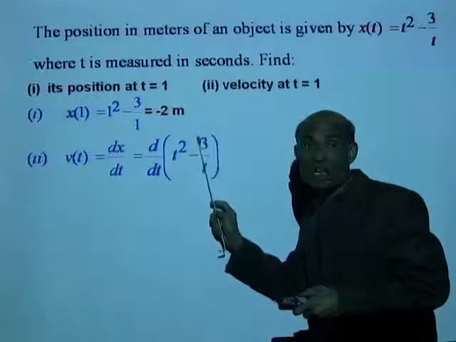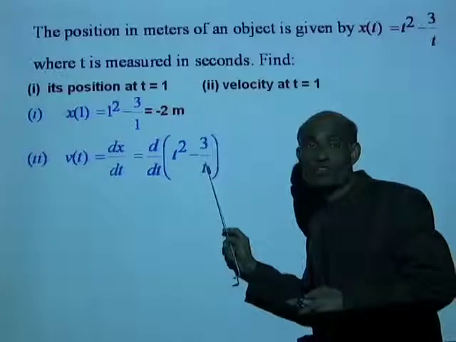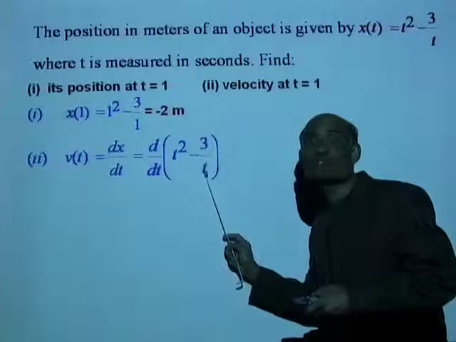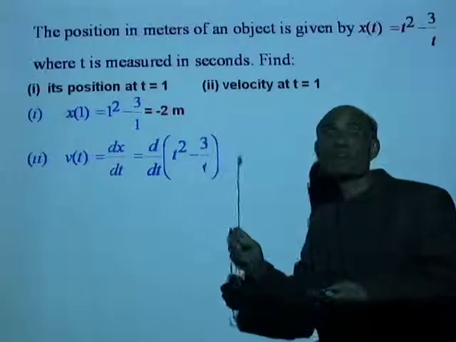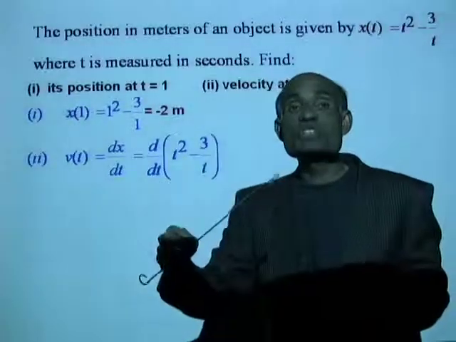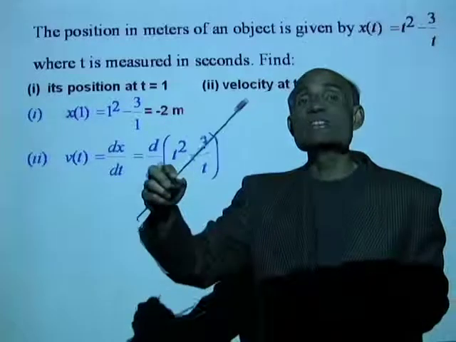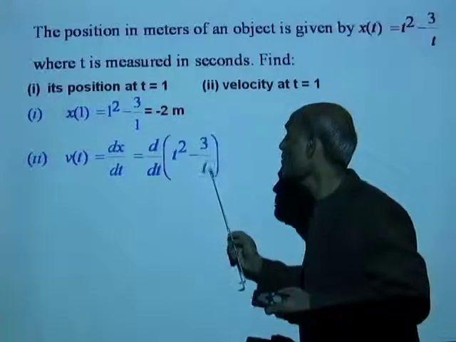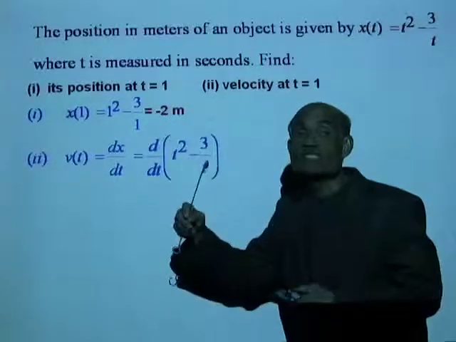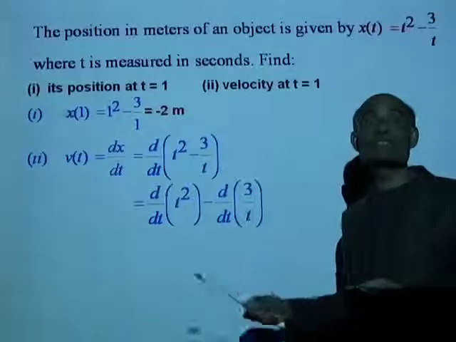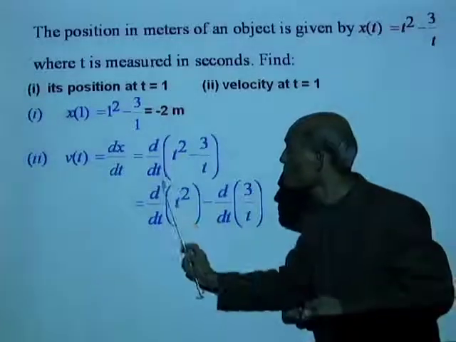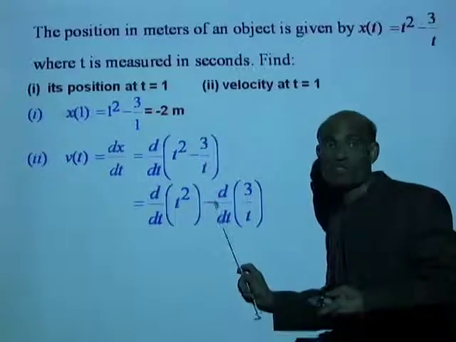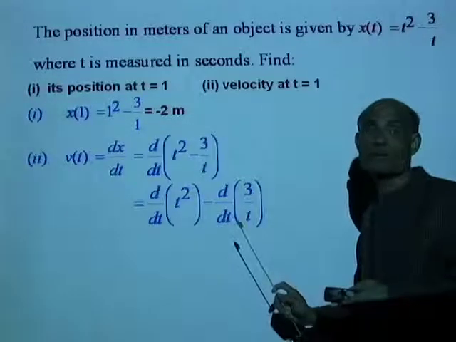Leave the first term. I want you to ask this: what is the derivative of 3 over t with respect to t? We just did that. The derivative of a over t with respect to t is negative a over t squared. The derivative of 3 over t is negative 3 over t squared. So this is the derivative of t squared minus the derivative of 3 over t.